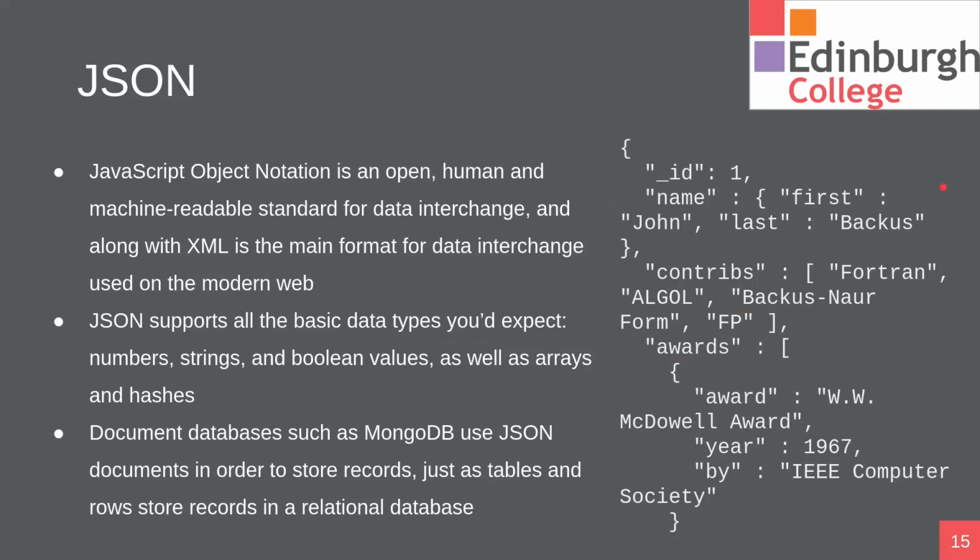Now JSON is useful because if I give you a JSON file, Python or R or most programming languages, Perl, will have libraries that will allow them to read the JSON. So it's a useful format to allow interchange of data. Now, it's also used in document databases.